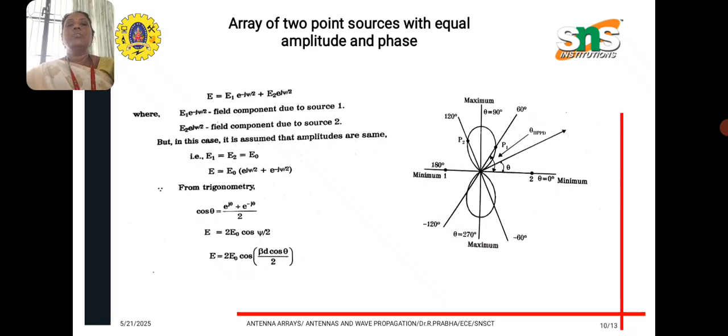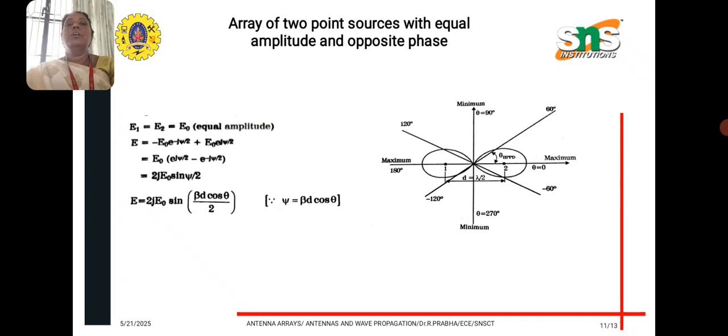Now by calculating the total field by adding the two individual antenna fields, it is given by E equal to 2 E naught cos psi by 2, and substituting psi as beta d cos theta, we get the total field for the two element array as 2 E naught cos of beta d cos theta by 2. Now, taking the amplitudes E1 equal to E2 equal to E naught, we get 2j E naught sin psi by 2 for the two point sources having equal amplitude and opposite phase.